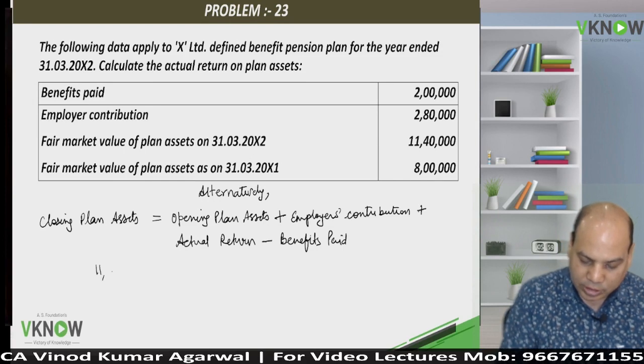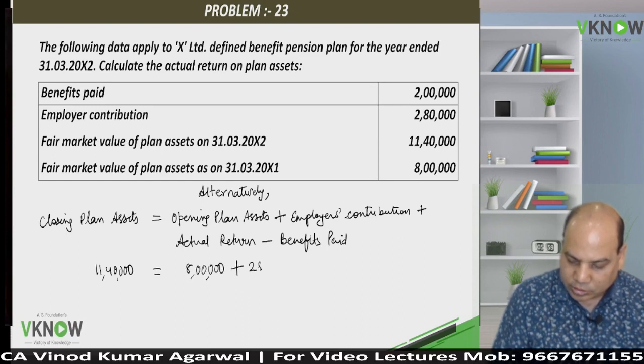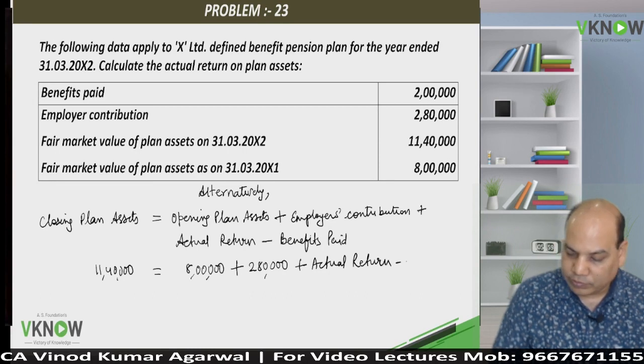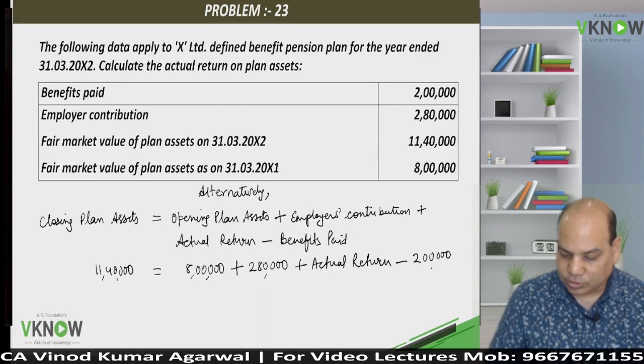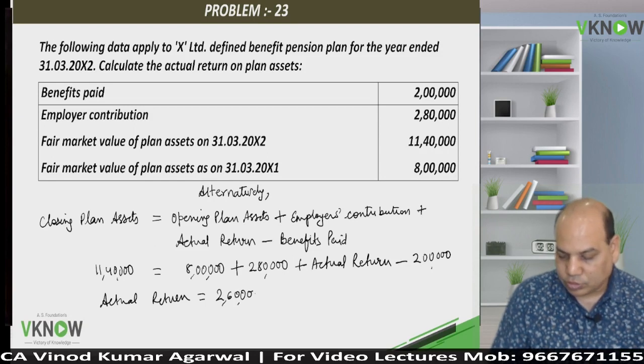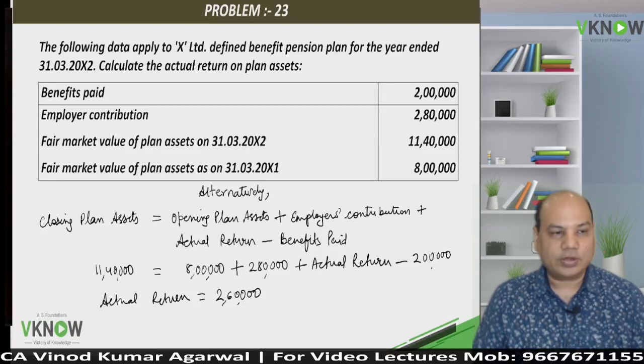So now we'll have to write 11,40,000 is equal to opening is 8 lakh, further contribution made 2,80,000 plus actual return, which is the balancing figure, minus benefits paid 2 lakh. Okay, and when you solve it, actual return will be equal to 2,60,000.